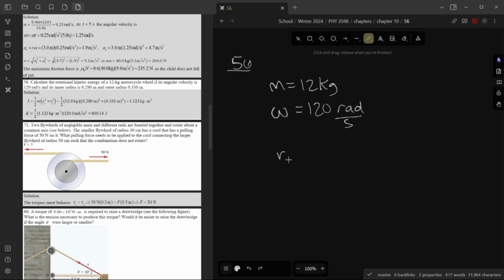And its inner radius, R sub I, is 0.280 meters. And its outer radius is 0.330 meters.